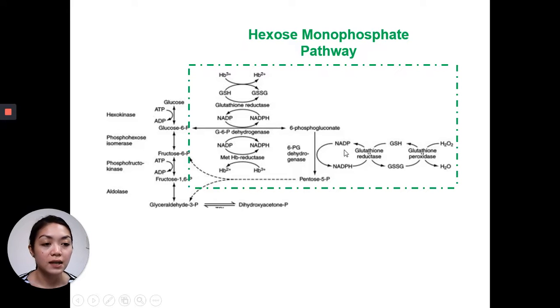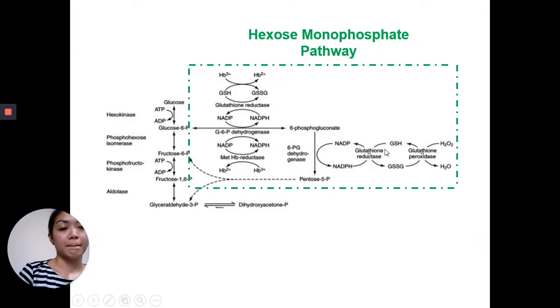And in here, generating again NADPH, acting as a cofactor of glutathione reductase, converting your glutathione oxidized to reduced, together naman with your glutathione peroxidase naman. This could lead naman to a production of oxidized glutathione. So, dapat may ma-reduce sa iya, that is glutathione reductase.